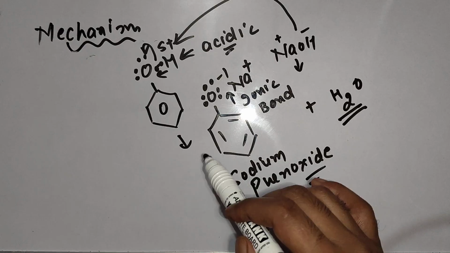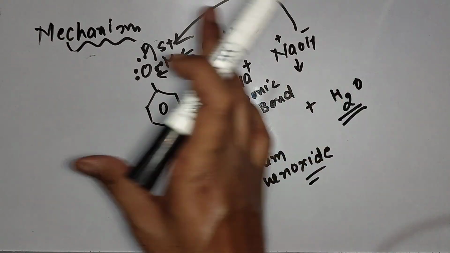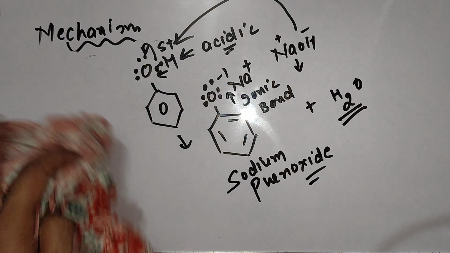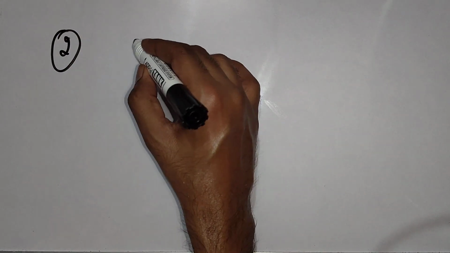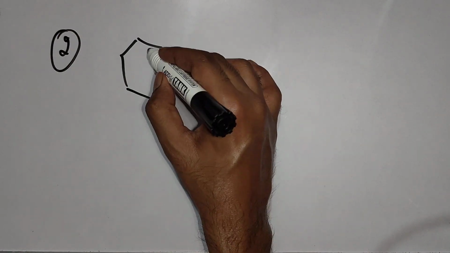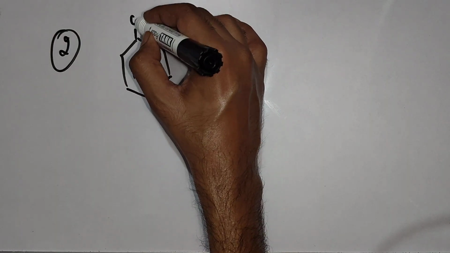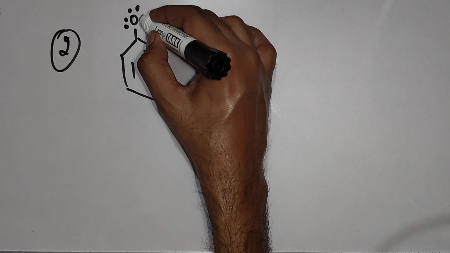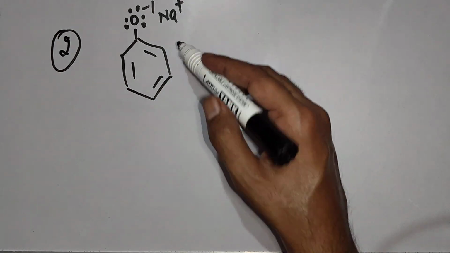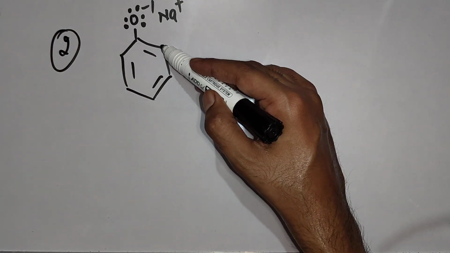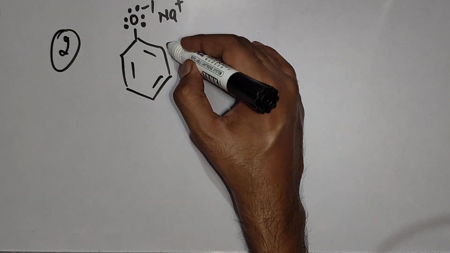Now this sodium phenoxide and dichlorocarbene are going to combine with each other in the second step. Let's start. Second step of the mechanism. This is sodium phenoxide, and we know that due to resonance, on ortho and para positions electrons are available.